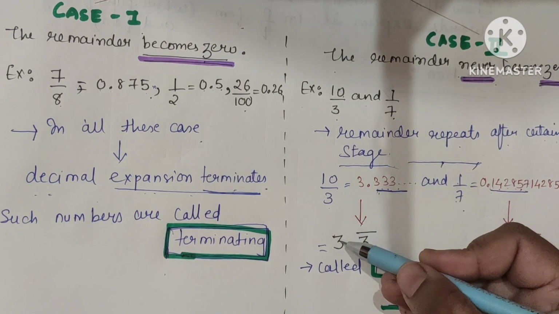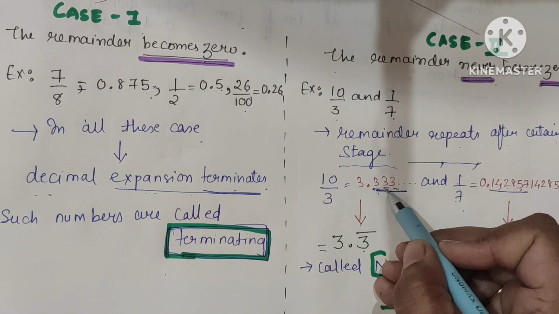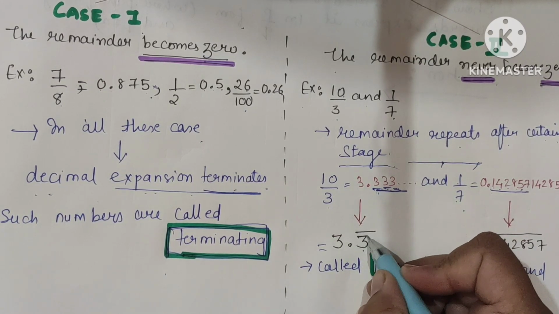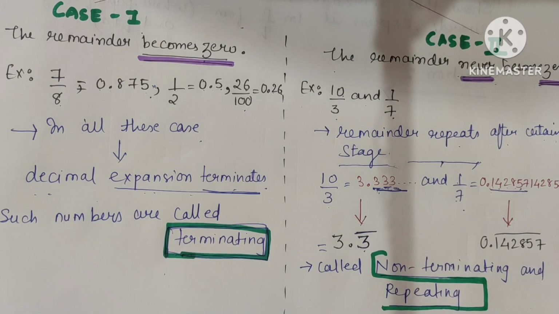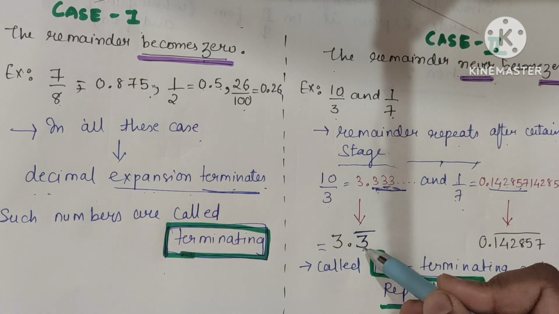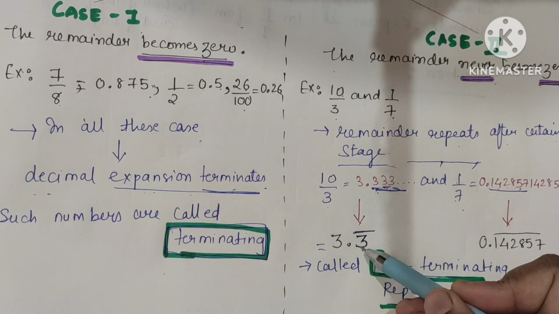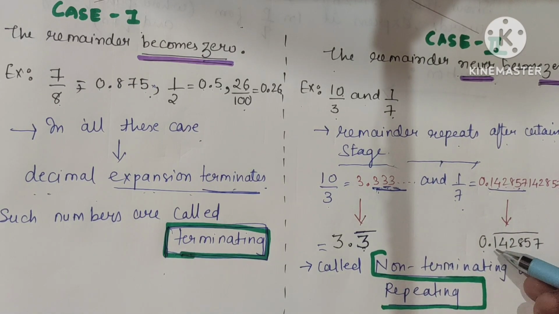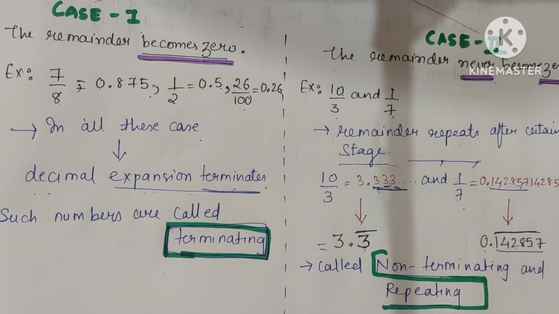You can write 3 point, the number or the block which is getting repeated, you can write it over here and place a bar on it. Here only 3 is getting repeated, so I have kept a bar on the single digit 3. Here I have kept a bar on 142857, because this block is getting repeated.